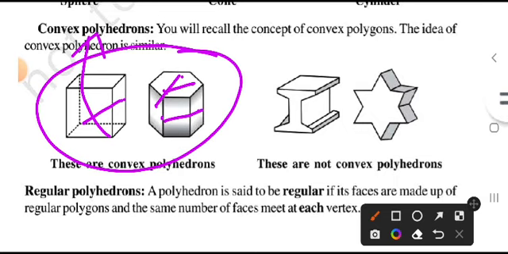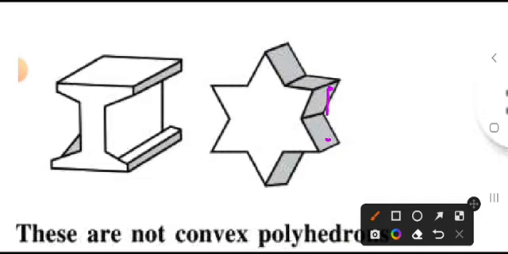But in this polyhedron, you can see, suppose I take a point on this top and another point on this top, and suppose I'd like to join them, then you can see that this part will be outside the polyhedron. That's why this is not convex.